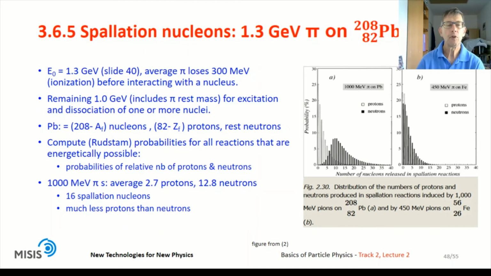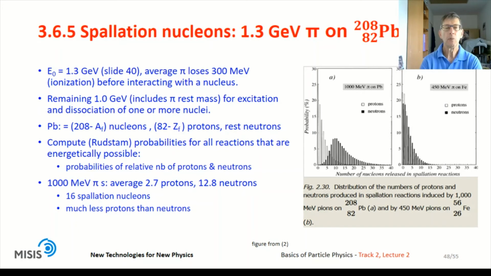And if you then do that for a particular case, like in this case, we have a 1.3 GeV pion hitting lead, then 300 MeV is lost by ionization before the pion interacts with the nucleus when it goes through the material.